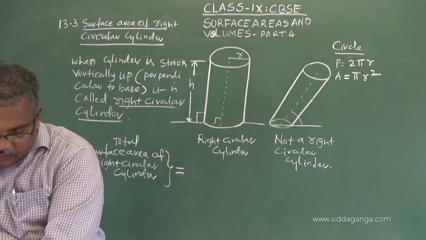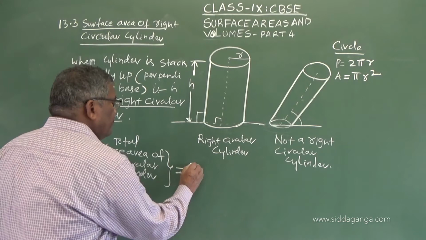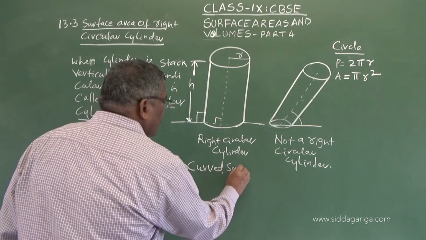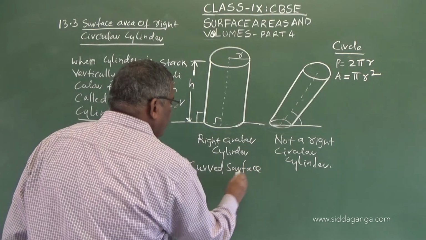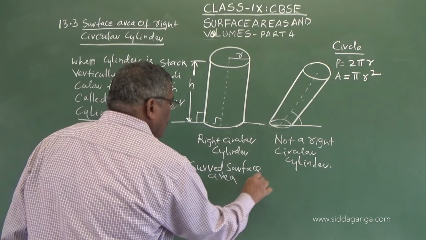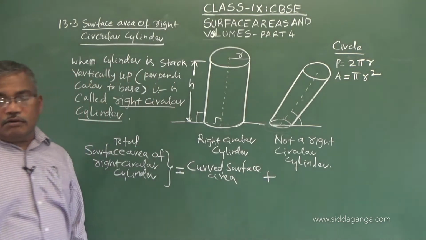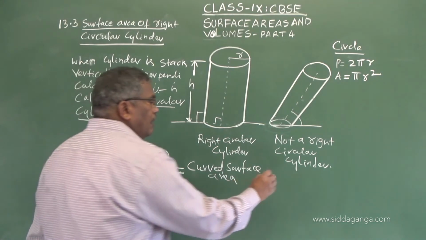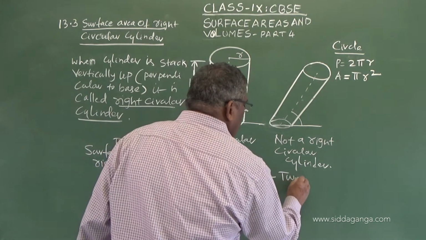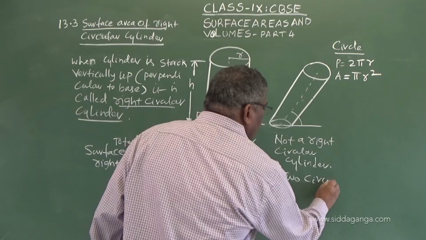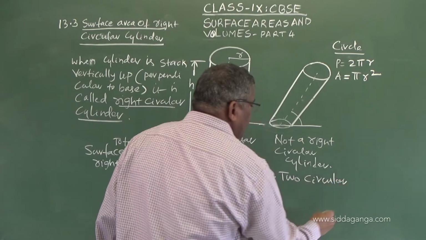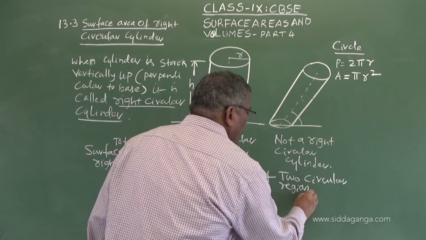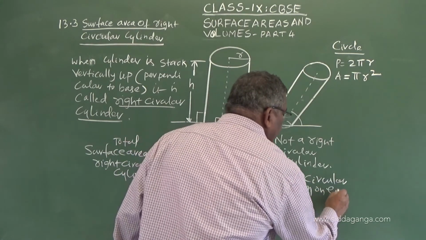So we write it as curved surface area plus 2 circular regions on either side.